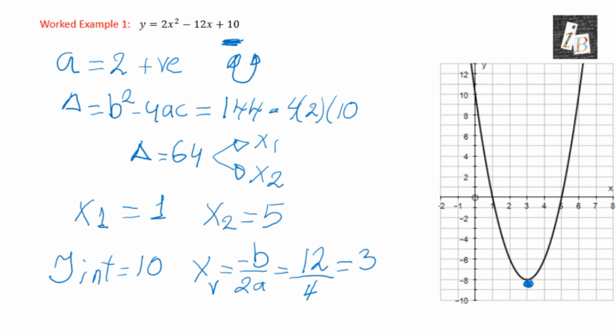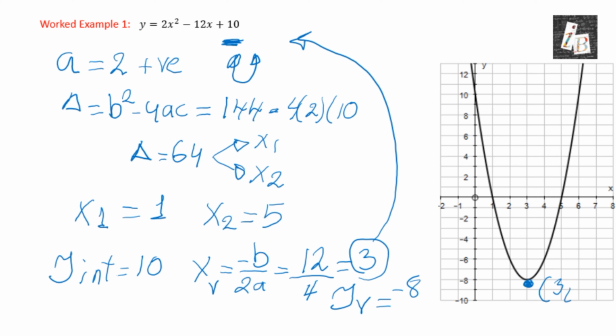Of course, to find y of the vertex, we substitute 3 into the main equation, and we will get that y vertex is equal to minus 8. So the coordinate is (3, minus 8). As we saw, now we analyzed and know more data about the quadratic equation.